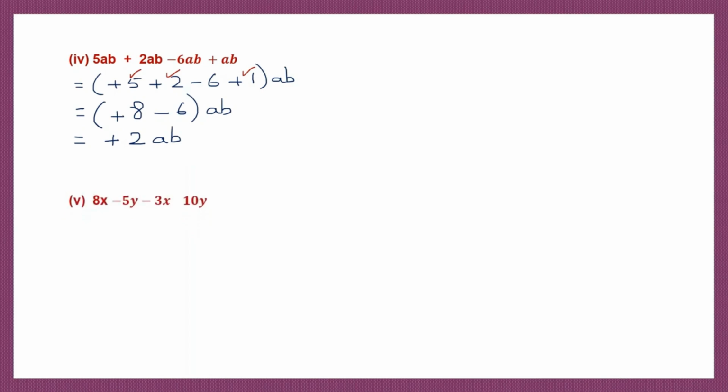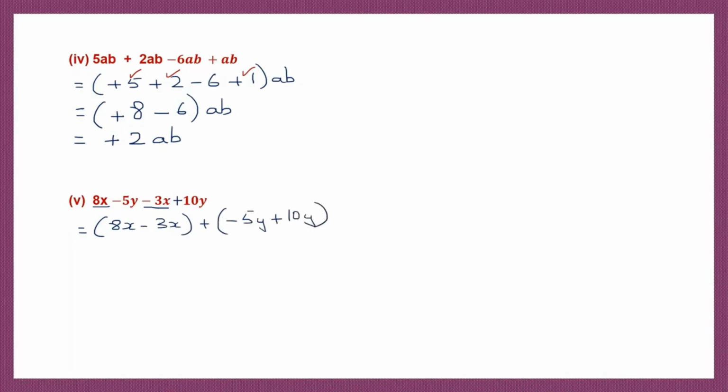Question 5. Here we have 8x and 5y, and again we have minus 3x and plus 10y. So here let's take the x separately. We'll group them separately. So that becomes 8x minus 3x, and plus, we'll take y separately, minus 5y plus 10y.